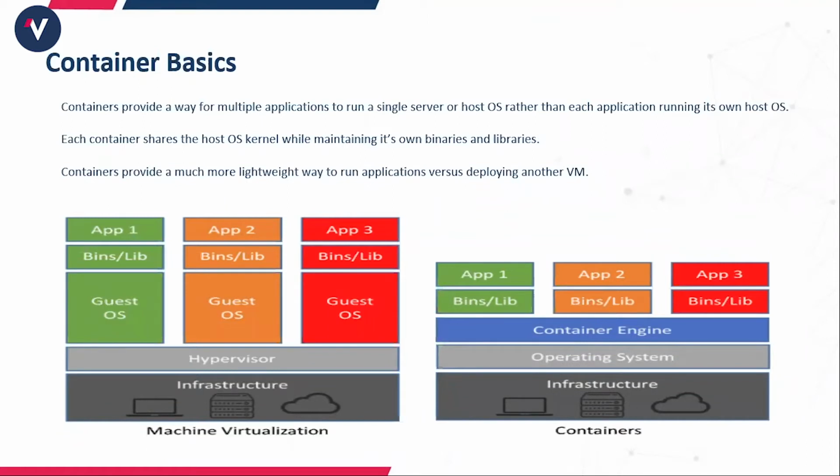While containers do share some similarities in being able to distribute resources from a server host operating system, machine virtualization, as depicted on the left-hand side here, relies on a hypervisor layer to virtualize multiple guest operating systems.